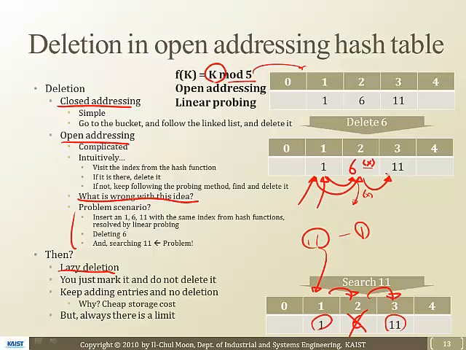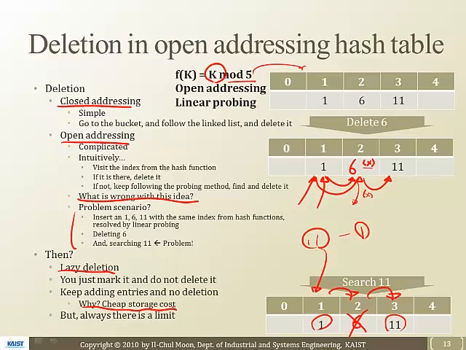Here the problem is that 6 is just being marked. It's not gone. It's going to take memory space, right? So if you keep adding entries and deletion is not actual deletion, then there is a storage cost. It just adds up the memory space.